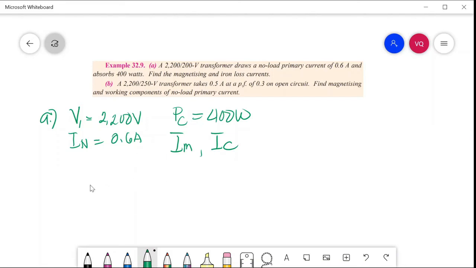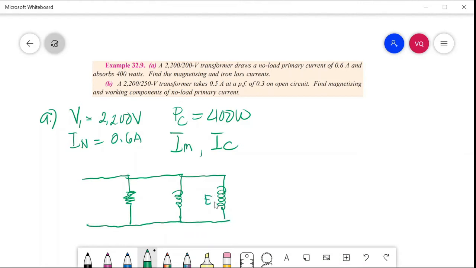If we draw the circuit diagram, R1 and X1 are not given; this is your resistance and inductance. At the primary, this is your winding.